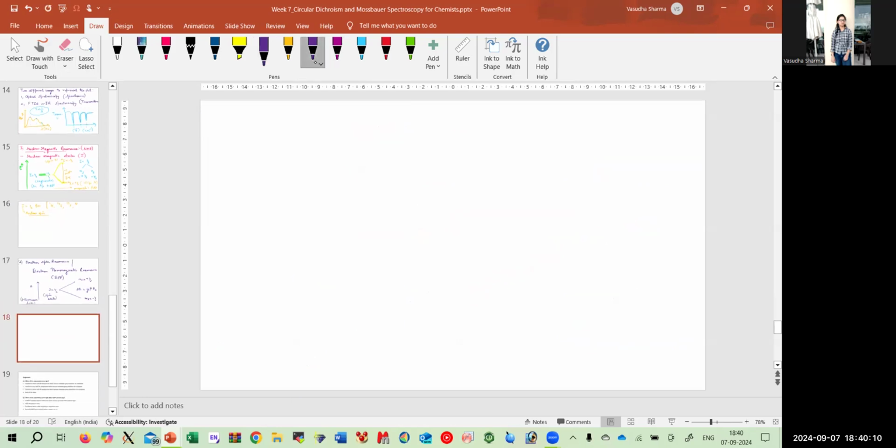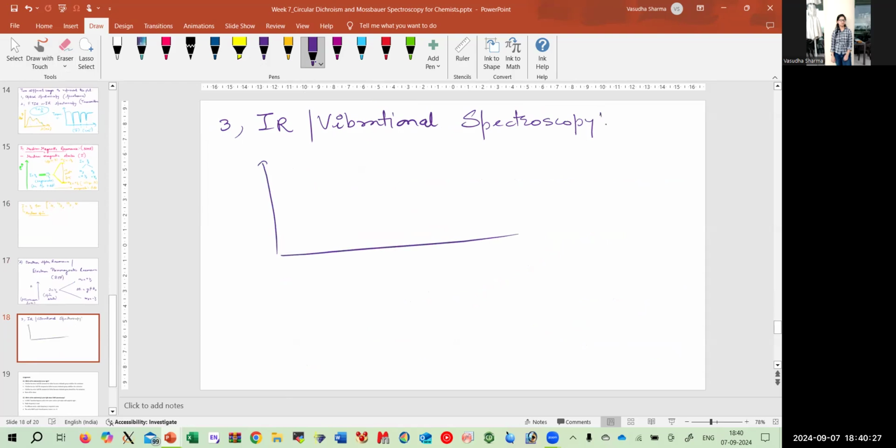Moving ahead with your third spectroscopy, which is IR or vibrational, where we generally see a bell-shaped system with different vibrational levels, the ground state and the excited state. This is excited, this is ground state, and the energy is (n plus half) h nu.